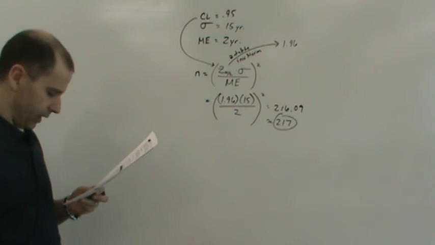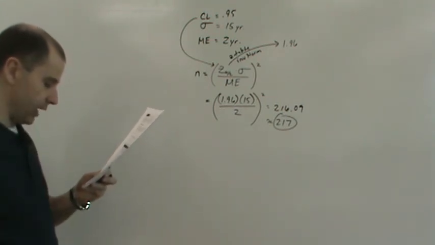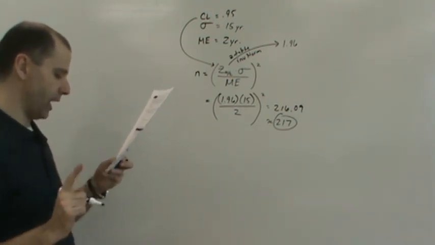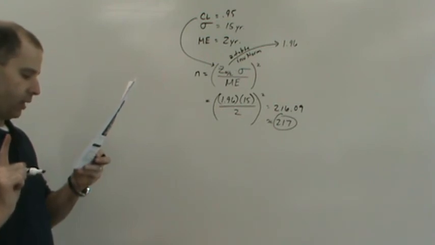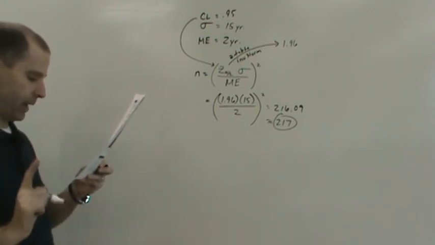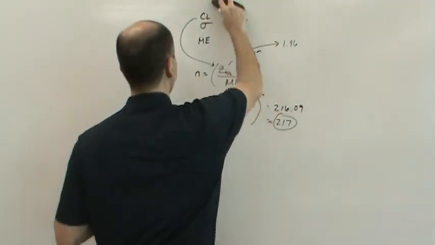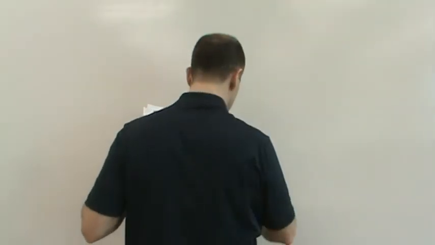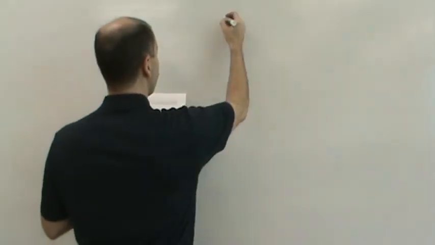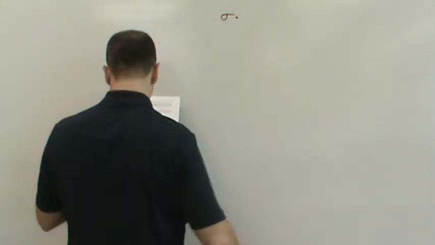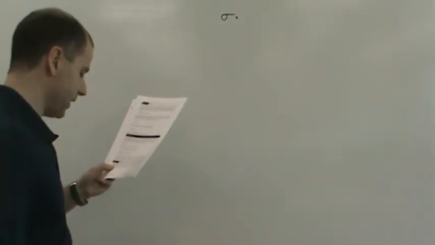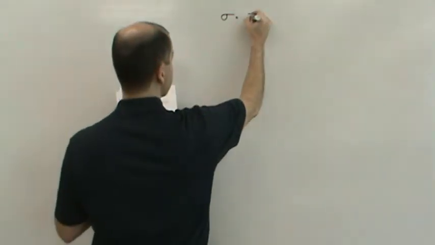So let's do this one. It says the population standard deviation for the height of high school basketball players is 3 inches. Okay, so the standard deviation for the height of high school basketball players is 3 inches.